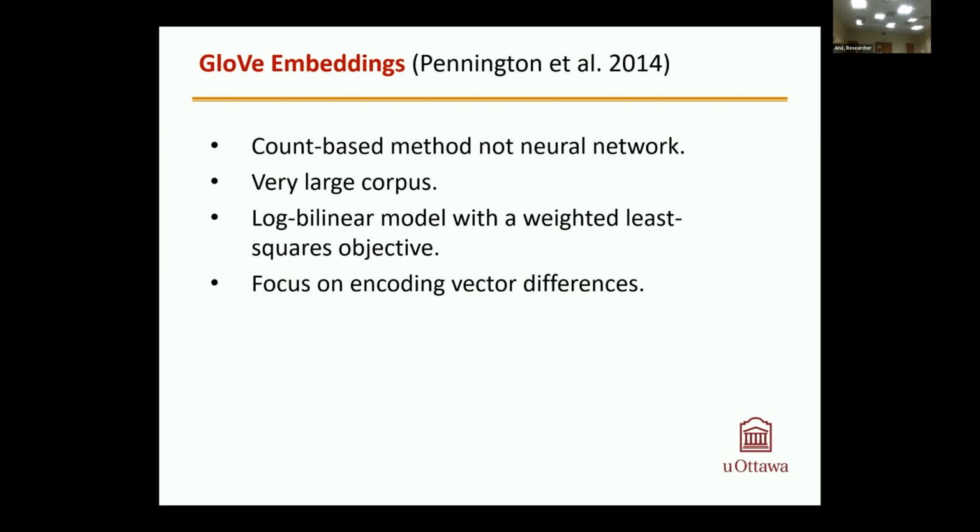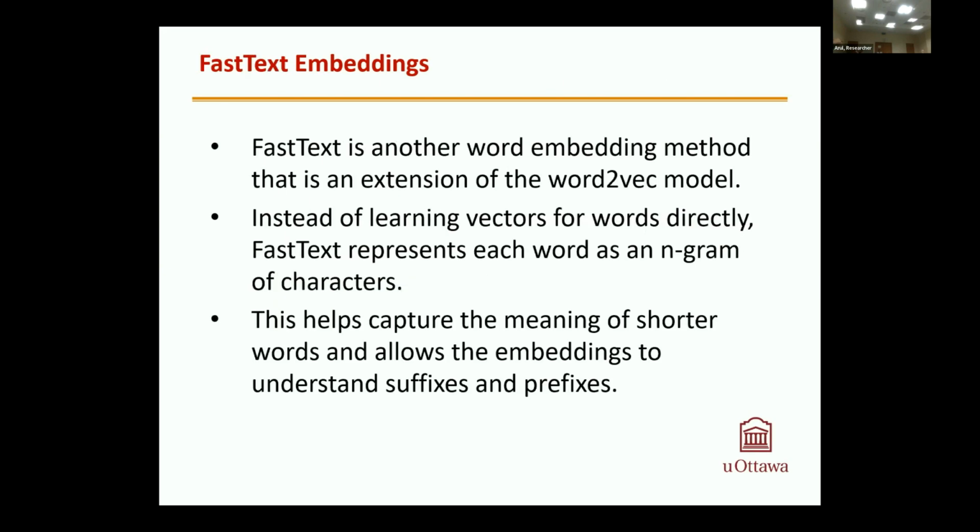And the third one is fastText embeddings, which are similar to word2vec, but they also have subwords. Sometimes you have these large word2vec models, you download them, and in your test data there is some word that you don't have any vector for because it was not seen in the training data. No matter how large your data is, there will still be some words that were not seen in there.